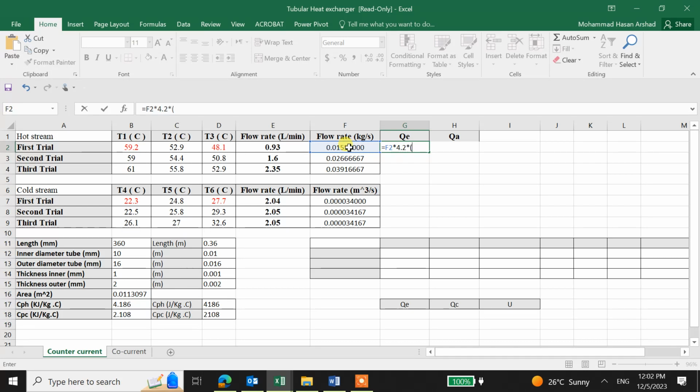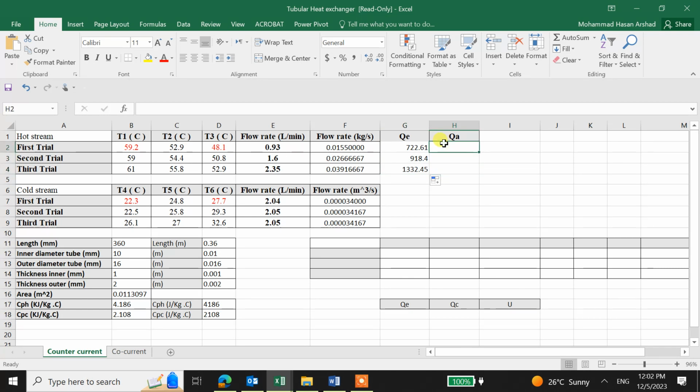And then hot in minus hot out. So this is Q emitted in terms of kilojoule. We can have it in joule, so let's multiply by 1000. This is the Q emitted.